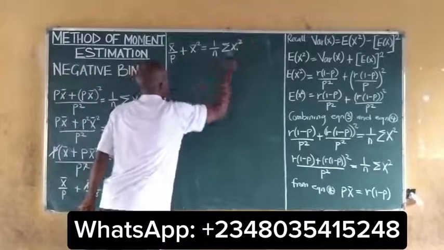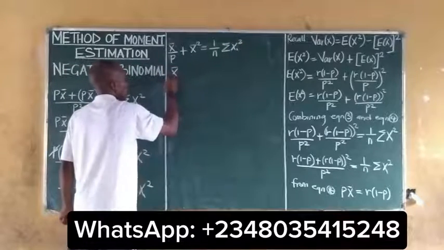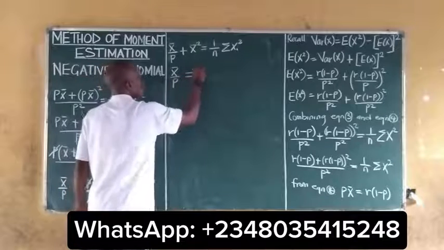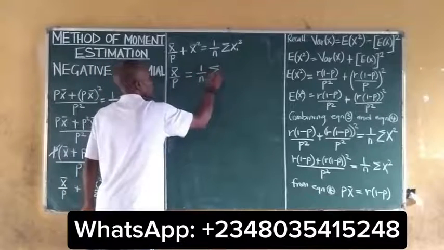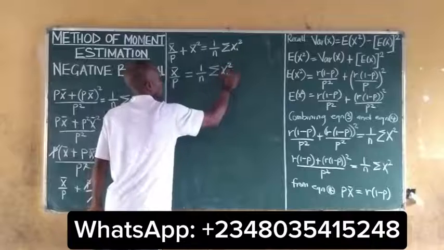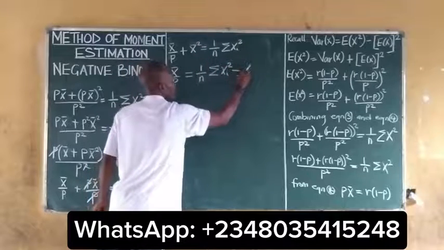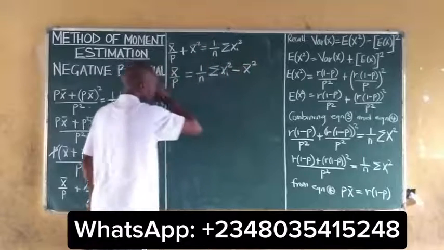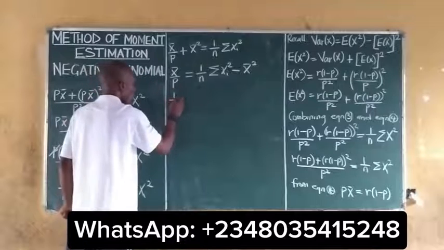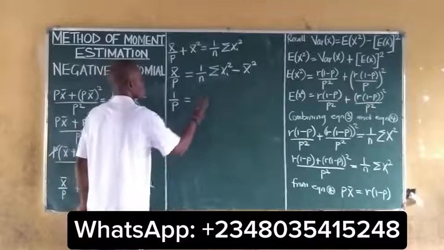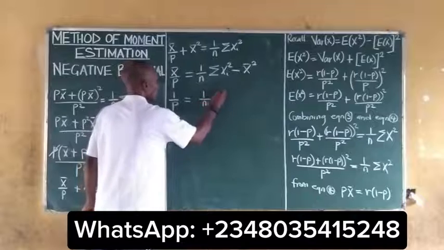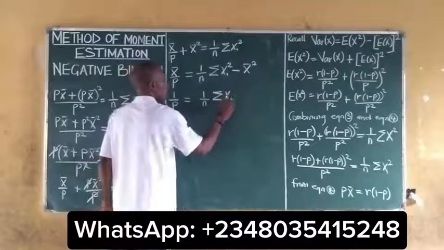Of course, this can go over to this place. So we have X bar all over P to be equal to 1 all over N summation of Xi squared minus X bar squared.